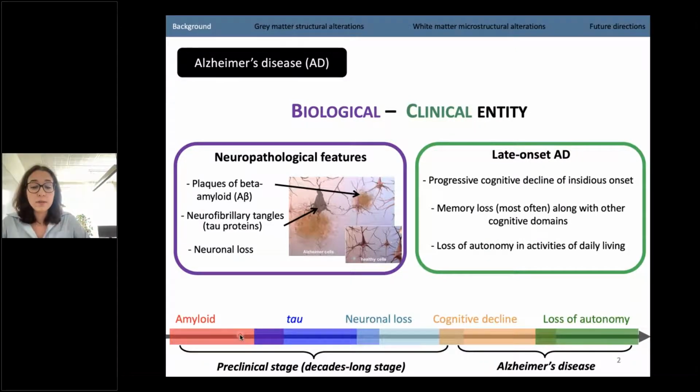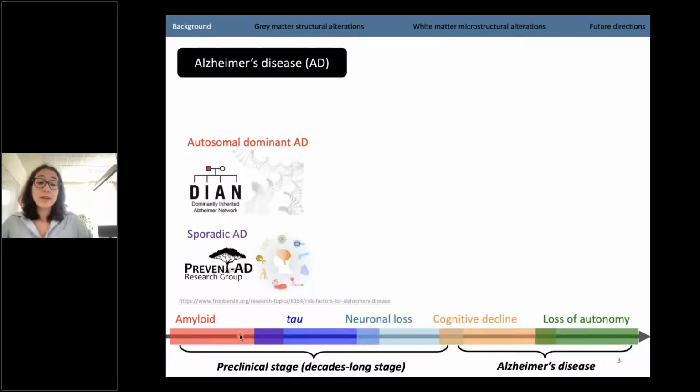And for the purpose of this talk, I also mentioned that there are two forms of Alzheimer's disease. The most common form is sporadic AD. Most cases occur late in life, and this has more multifactorial causes. But there's also a rare form of the disease that is caused by a genetic mutation that leads to the overproduction of those amyloid proteins.